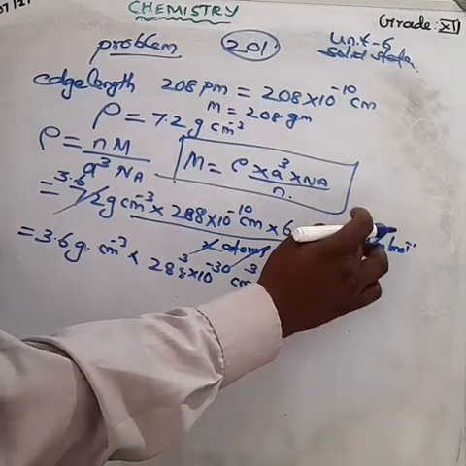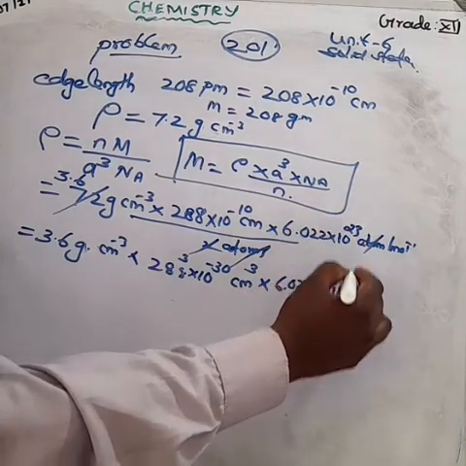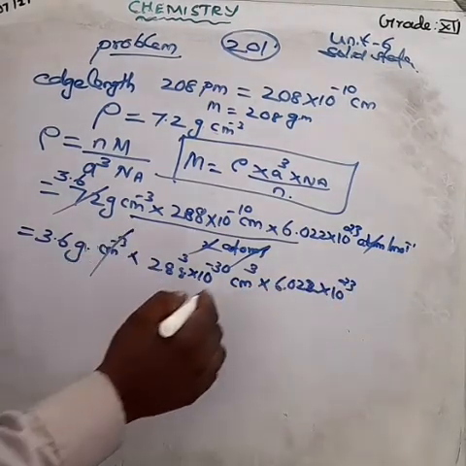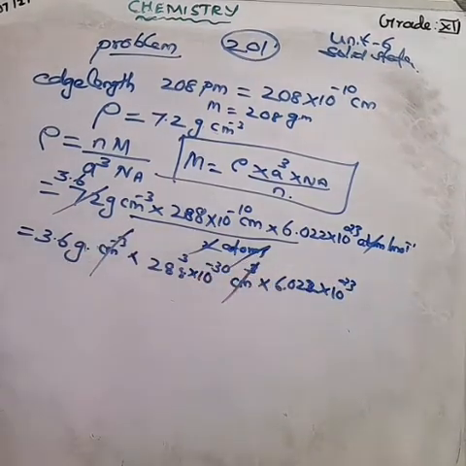So one more possibility for cancelling. This centimeter minus 3 and centimeter plus 3 can be cancelled. Am I right? This also cancelled.